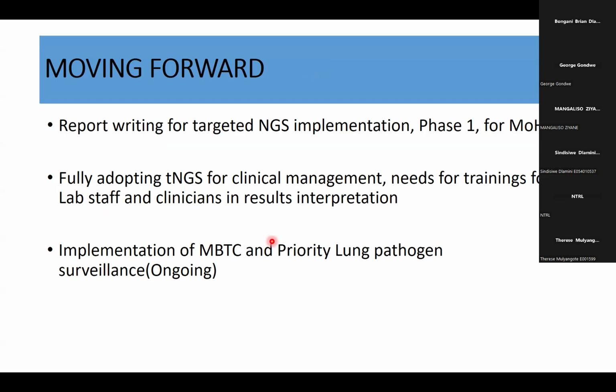Currently we have our clinical advisory committee, but through full implementation, we would have clinicians being able to interpret the results for themselves. We will also be focusing mainly on surveillance going forward up to 2025, not only for MTB but other lung pathogens like SARS-CoV.